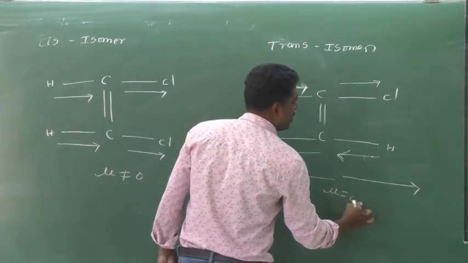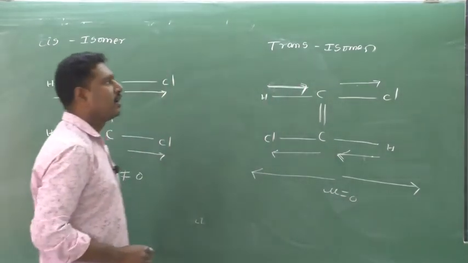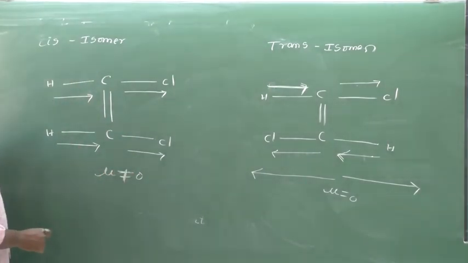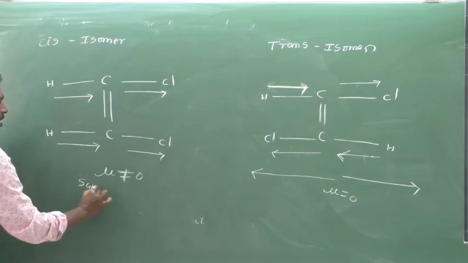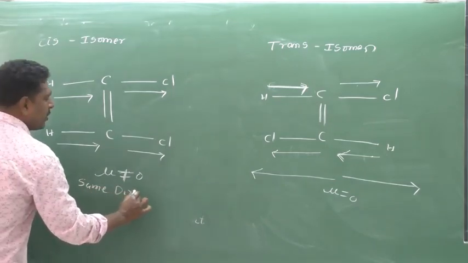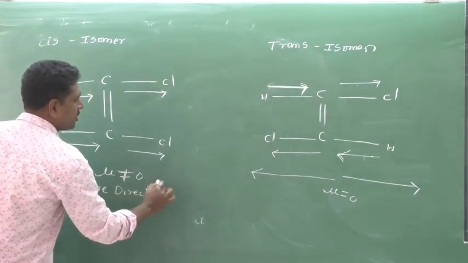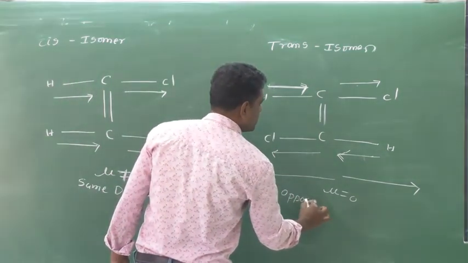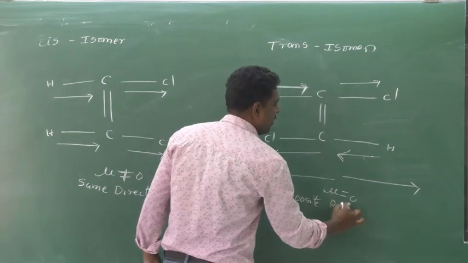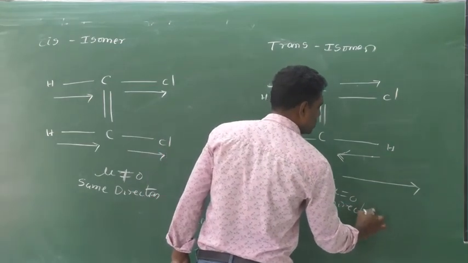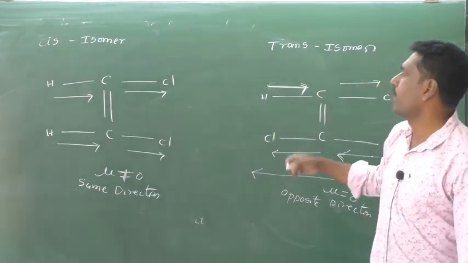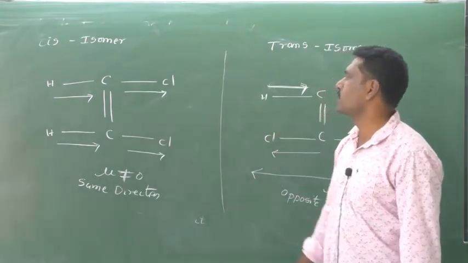Therefore, mu is equal to 0 for the trans isomer. In the cis isomer the bond moments are in the same direction, but in the trans isomer they are in opposite directions, so both get cancelled.